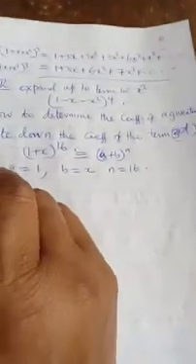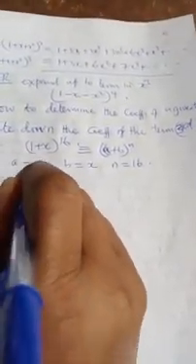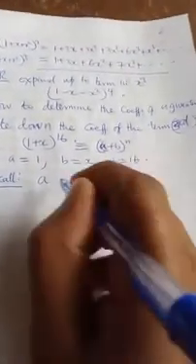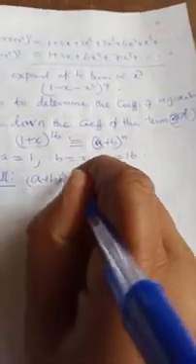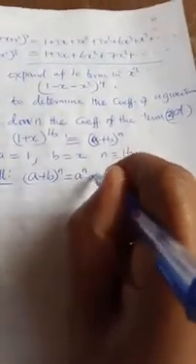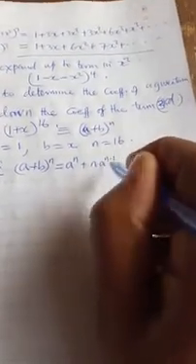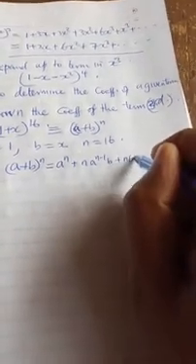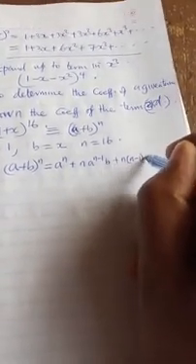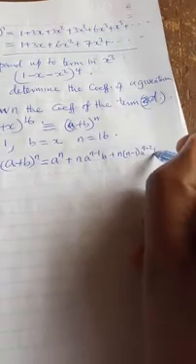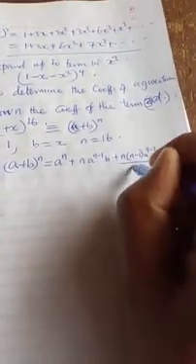But if we recall our general equation, which I will still write, a plus b to the power n is a to the power n plus n, a to the power n minus 1 times b, plus n into n minus 1, a to the power n minus 2, b squared out of 2 factorial.